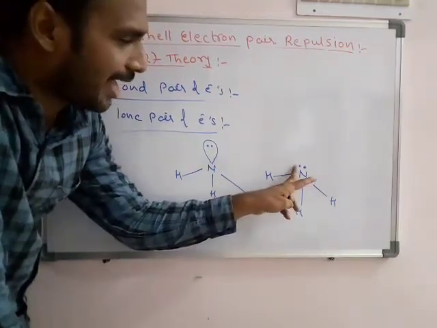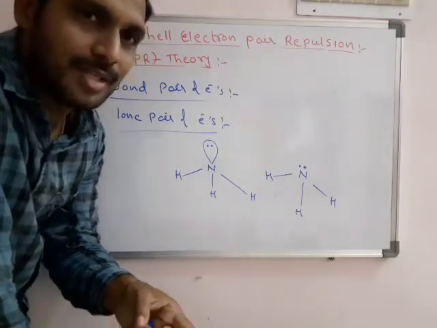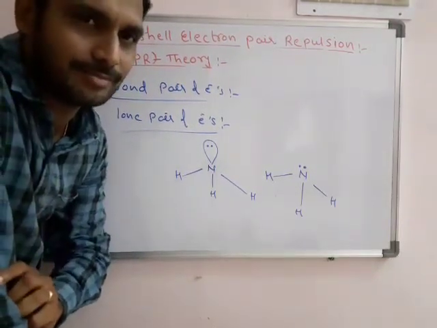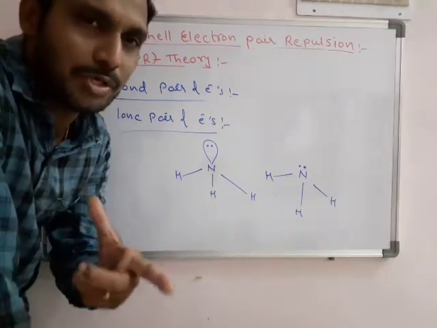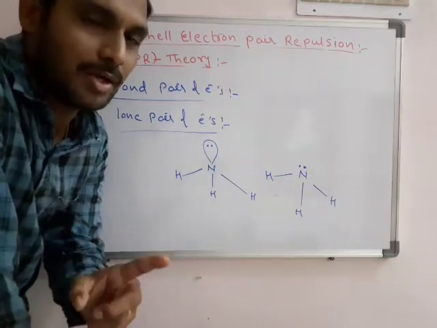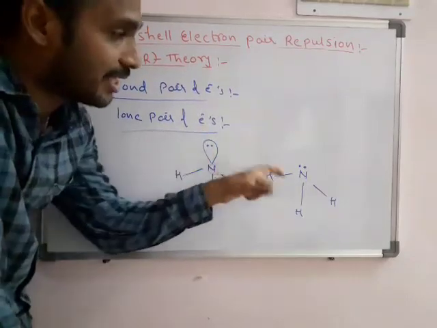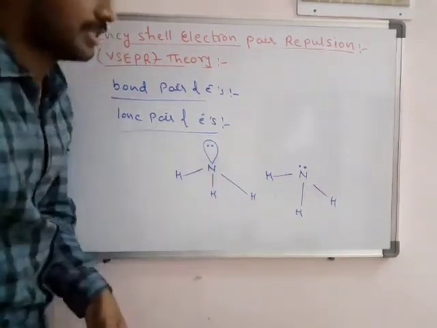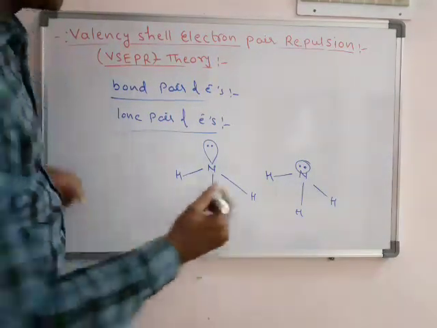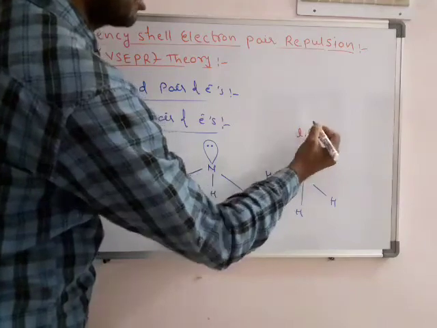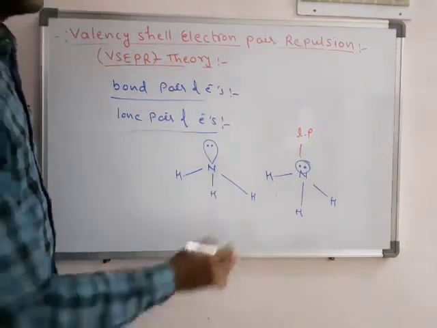The electrons which are not involved in bond formation and are present in the valency shell are called lone pair of electrons, written as LP from now on.